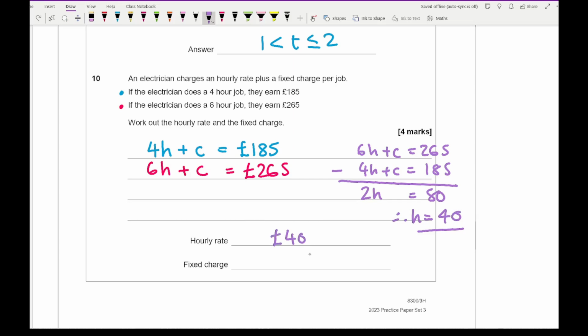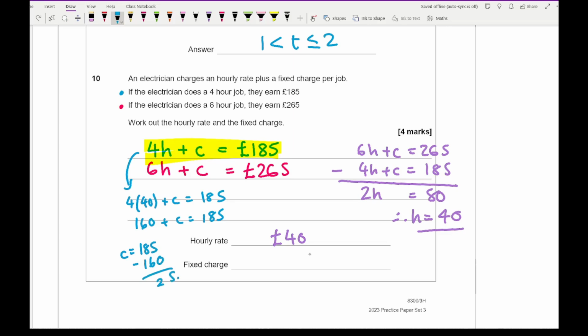So then, knowing that H equals 40, if I take this line here, I've got 4 lots of 40 plus C equals 185, so 160 plus C equals 185, so C equals 185 minus 160, and that comes up to 25. So the fixed charge is going to be £25, which, to be honest, is relatively cheap.